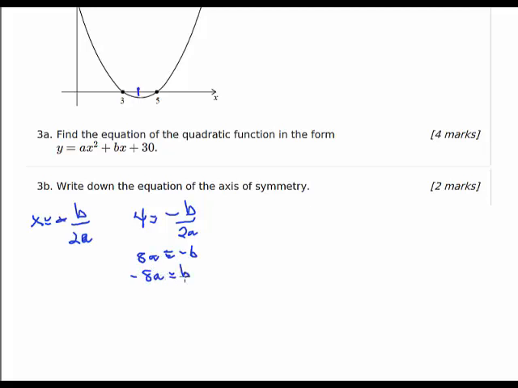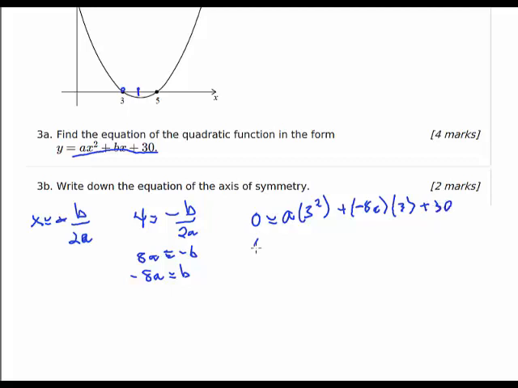And then from there I'm going to go back up to our equation here and use one of these points, and I'll use the point 3, 0 to say that 0 equals a times 3 squared plus, now is where instead of b I'm going to put in the negative 8a, and for the moment I'll put brackets around that, times 3 plus 30.